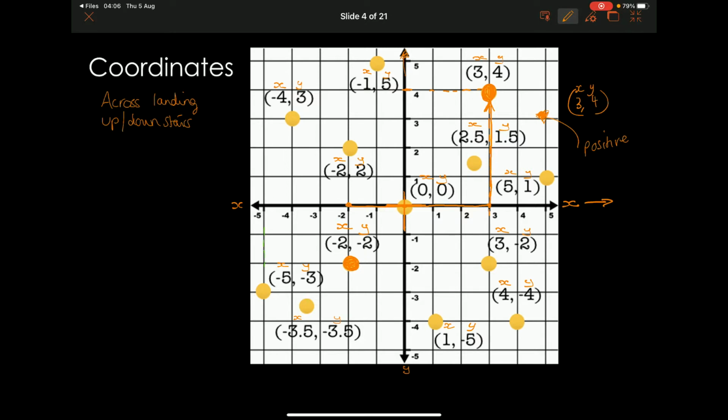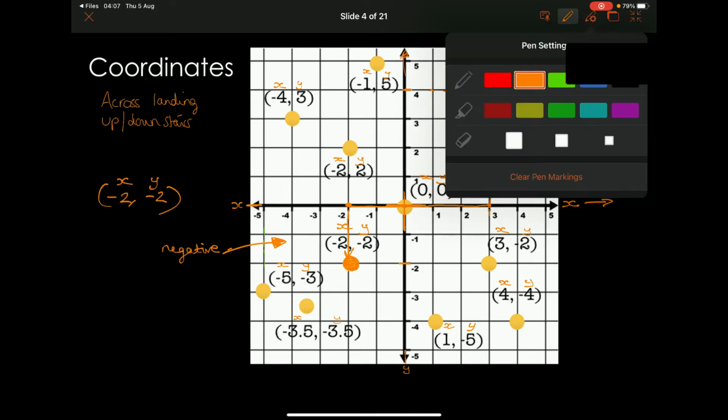It's sitting on -2, so -2. And then down the stairs this time. If we're going down the stairs, you can see that it sits on -2. So x is -2 and y is -2. You will also notice that everything in this quadrant is negative, because we have all negative x coordinates and all negative y coordinates.